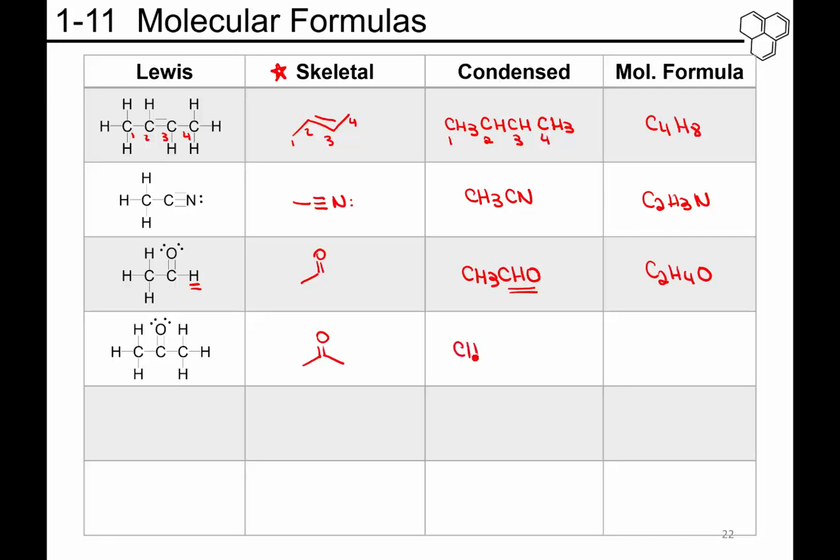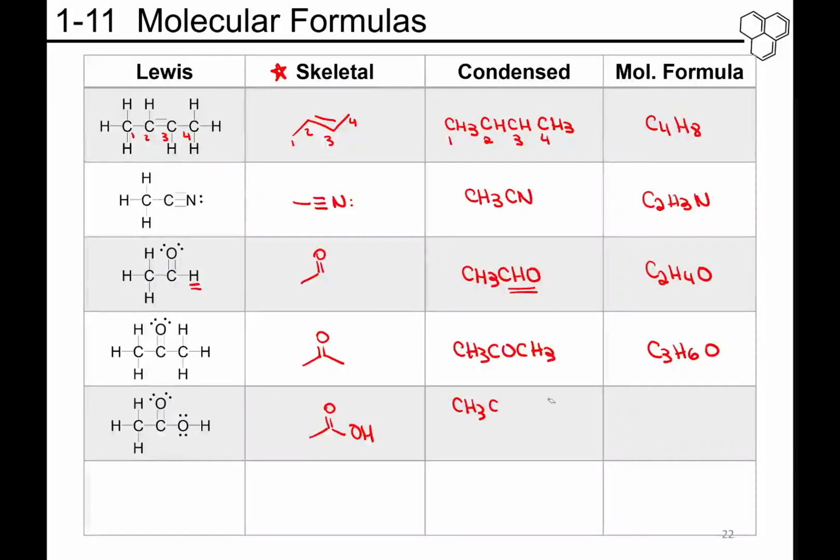The condensed formula would look something like this, where we would tell the reader how each atom is connected, and the molecular formula would be C3H6O. The next example, we have this skeletal formula, and for the condensed structure, there are 2 options that are very commonly seen.